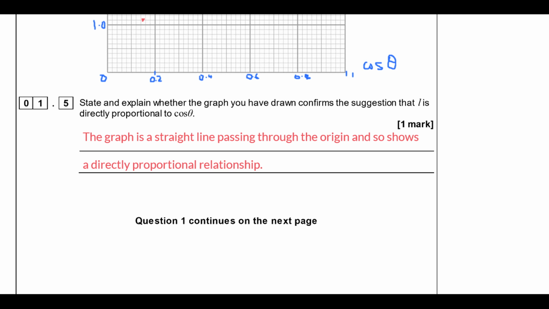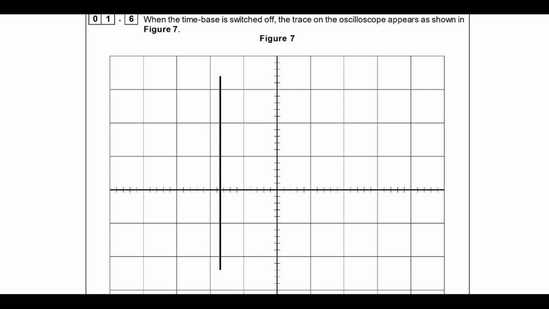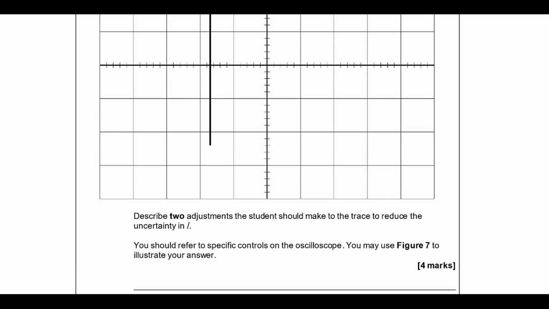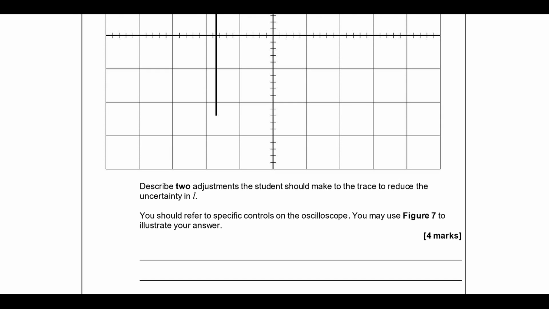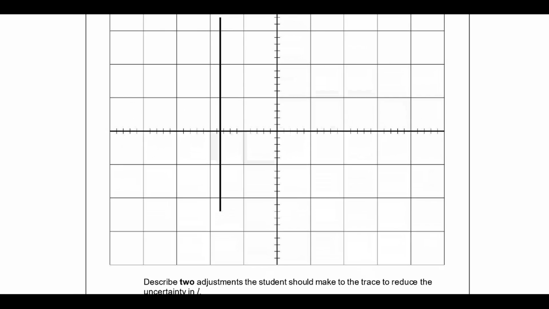Let's continue with question 1. Okay, so when the time base is switched off, this is the trace we get on the oscilloscope. So that's this trace right here. So describe 2 adjustments the student should make to reduce the uncertainty in L, referring to specific controls on the oscilloscope. So the first thing, we're going to want to measure the peak to peak.